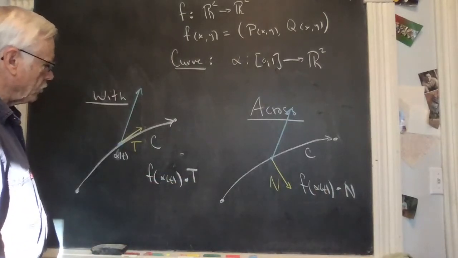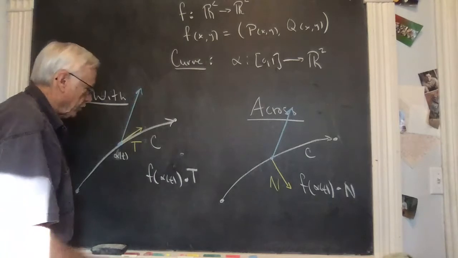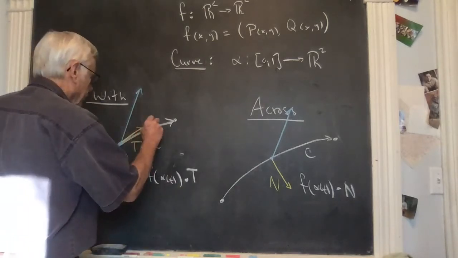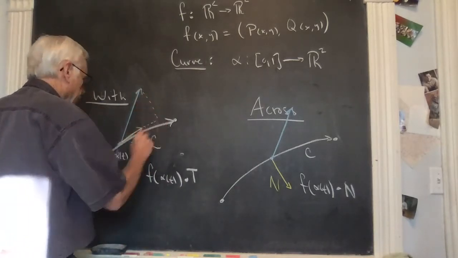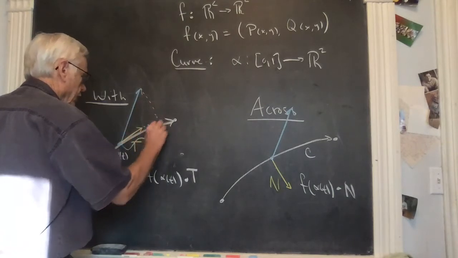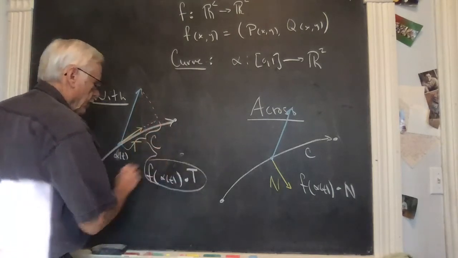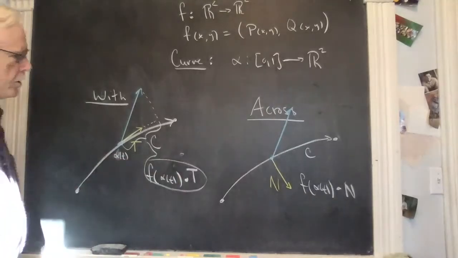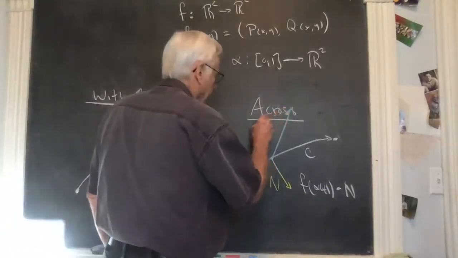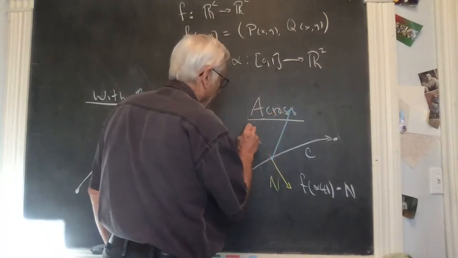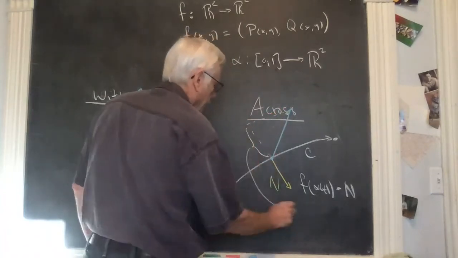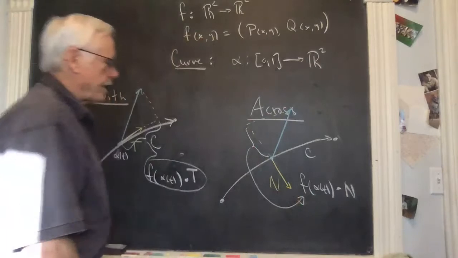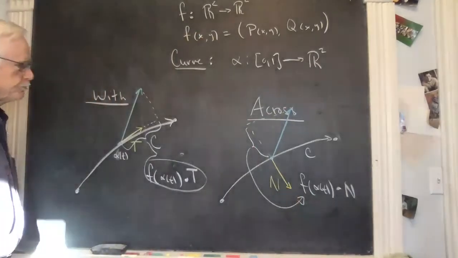And so we will integrate those. Pictorially here, it is the projection of the force in the tangential direction. So it's just a dot product with a unit vector. Same thing over here, but it will be negative. So it'll be that length, but it'll be a negative value.